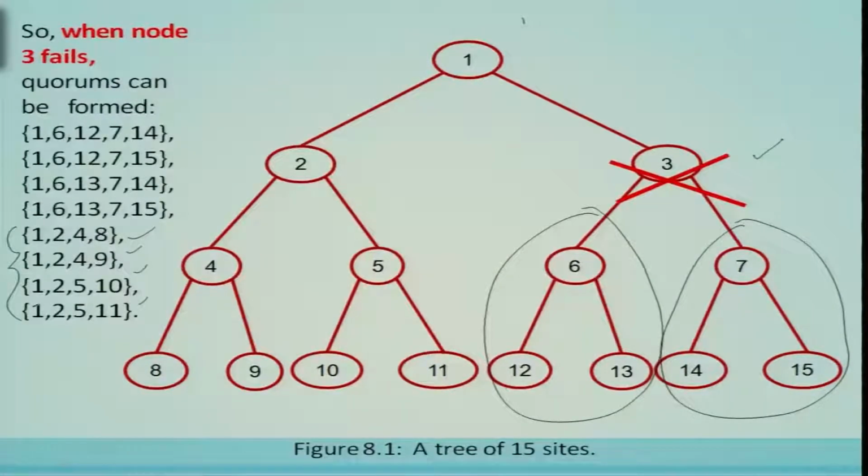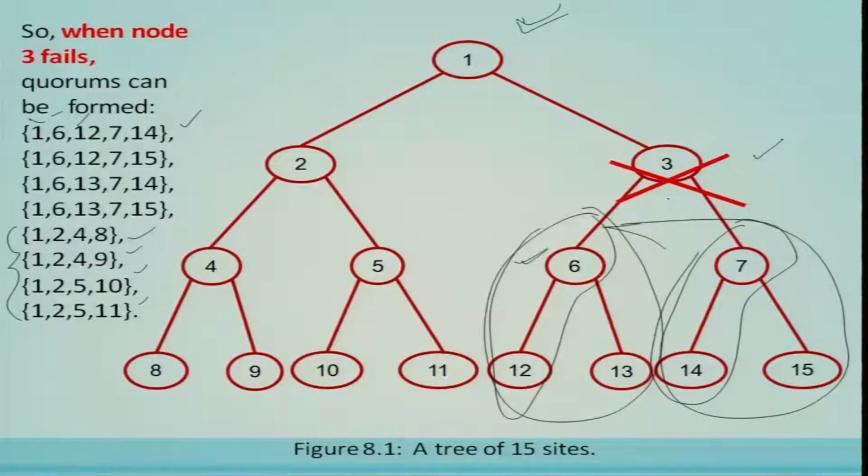Now on the right side of the tree, when node 3 has failed, we are going to construct quorums in this form: 1 followed by the root of the split, that is 6. So the root of the main tree, then the root of that particular subtree which is partitioned, and 12, 1, 6, 12. Then it will take the root of the other partition, 7, 14. So both will be taken up.